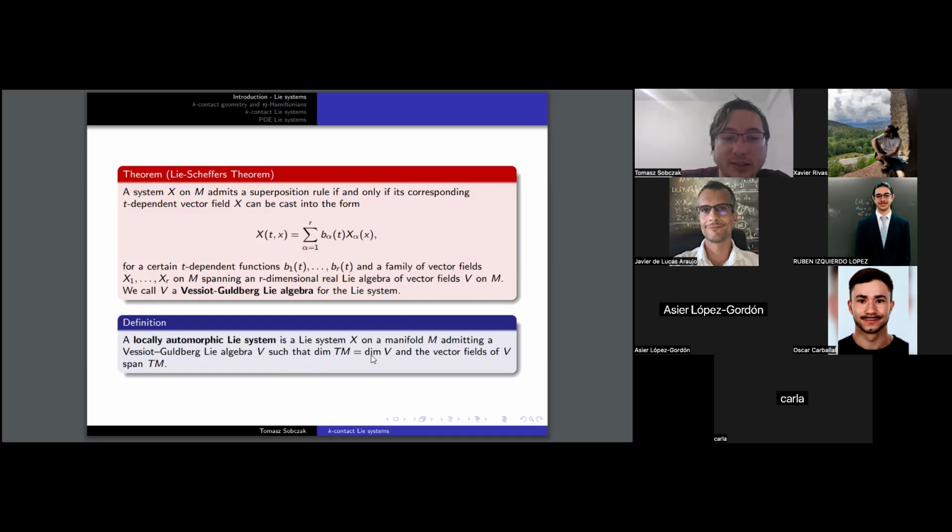Then we say that this system is locally automorphic. This will be very useful while constructing the k-contact Lie systems. We did it before, but this is the method, and the next method also uses it. So this is important, and we will use it later. I wanted to underline what an automorphic Lie system is.